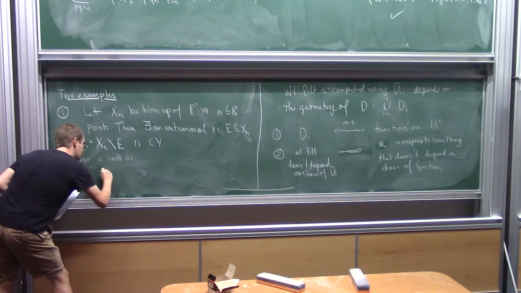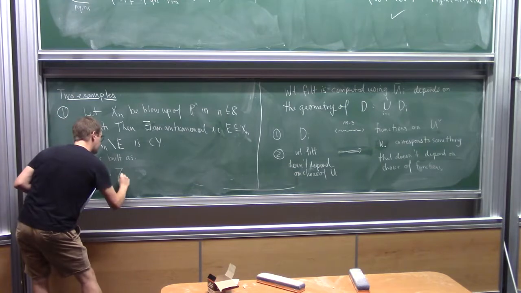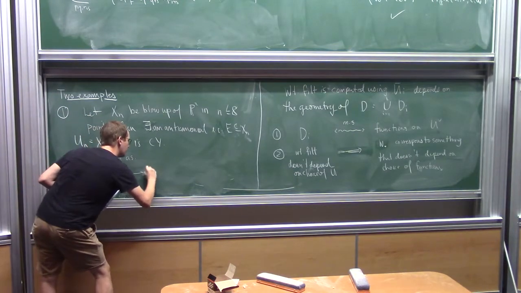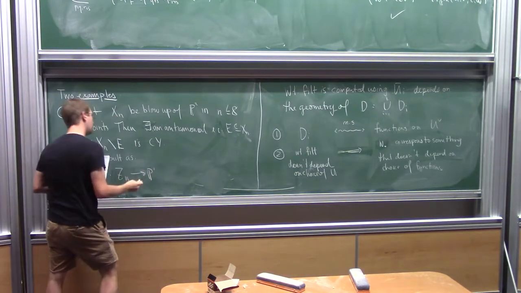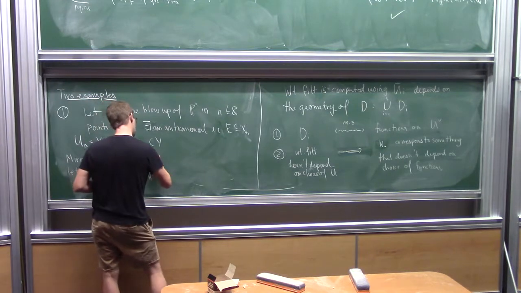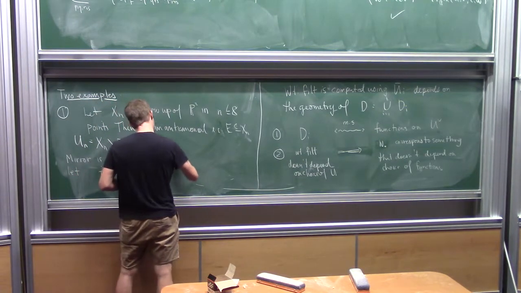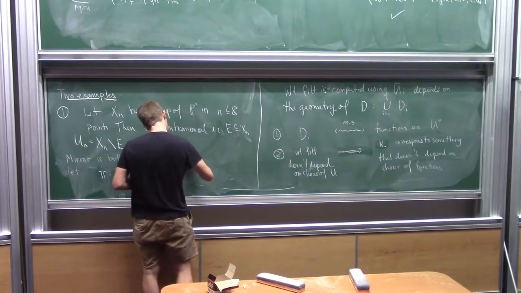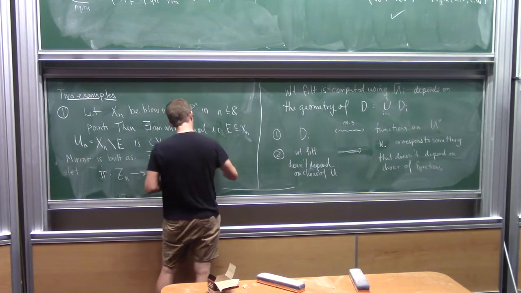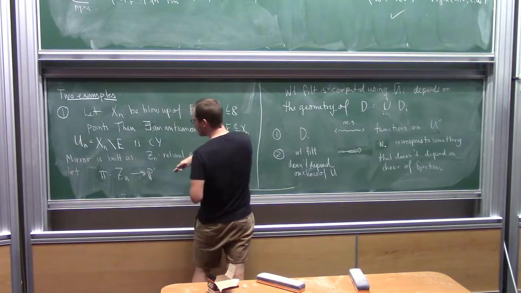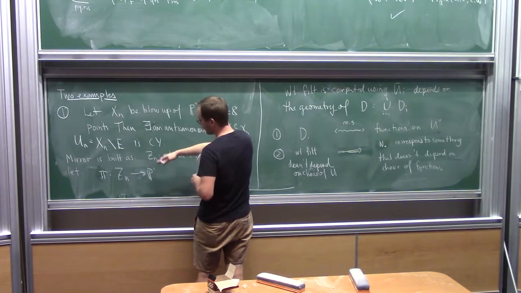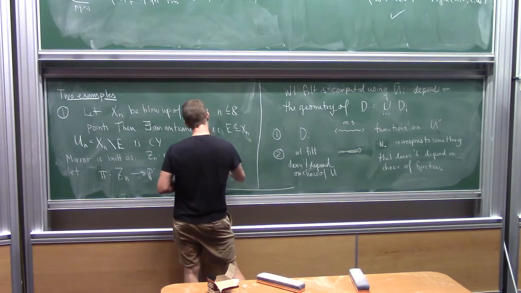Let's change it up a little, pi from Z_n to P1. So let's let Z_n be a rational elliptic surface with a cycle of 9 minus n rational curves as the fiber over infinity, I_{9-n}, the fiber.